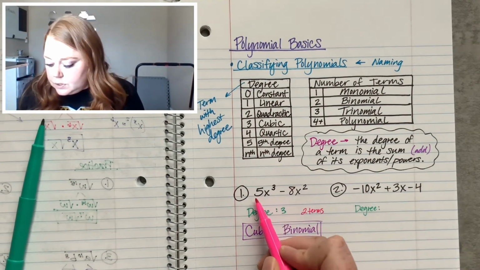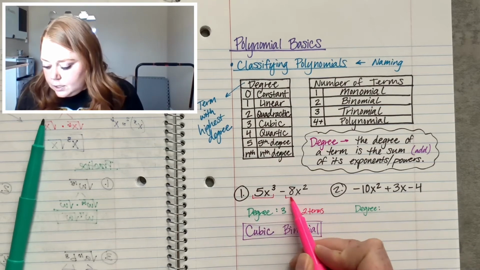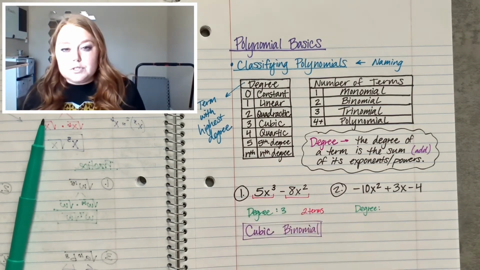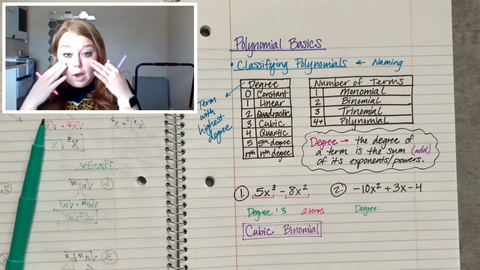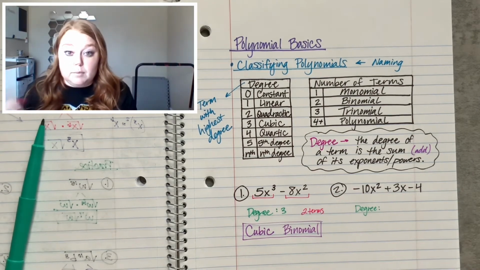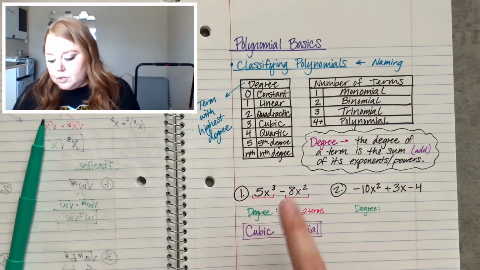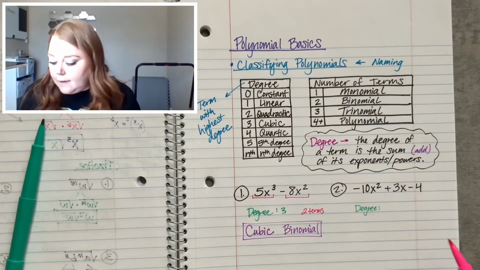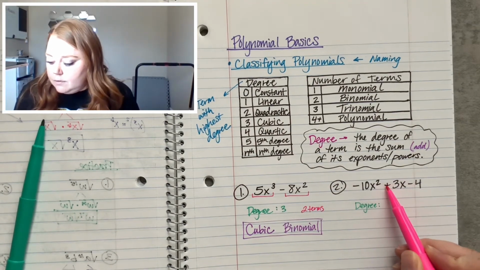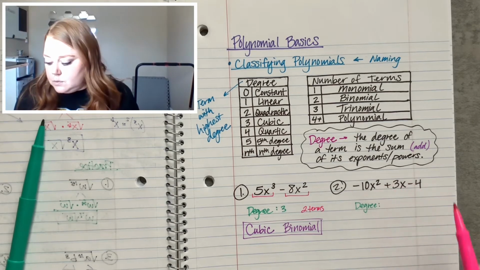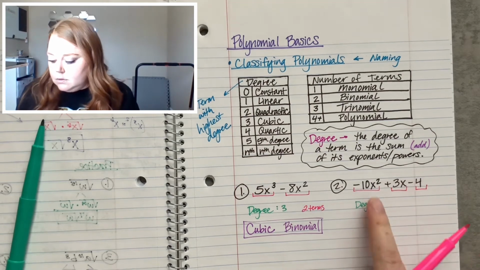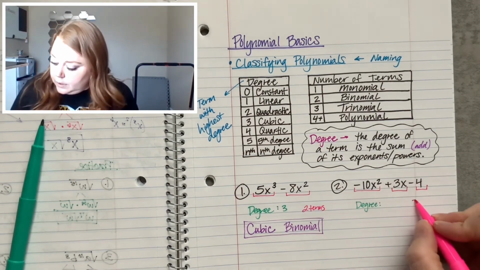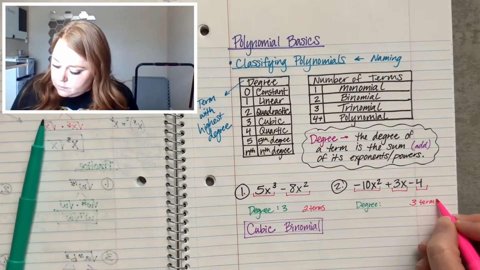Like here in this first one we did, I see this as a term and this as a term. Terms are separated by plus and minus signs. That's how my eyes view it. And that is a true statement math-wise. Terms are separated by plus and minus signs, okay? So here you can see that you have this addition sign and this subtraction sign. So it actually has 3 terms. 1, 2, 3. So I'm gonna write that right here, 3 terms.